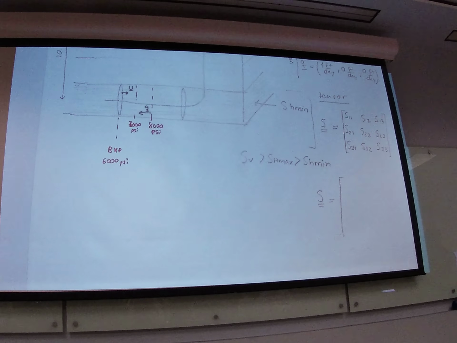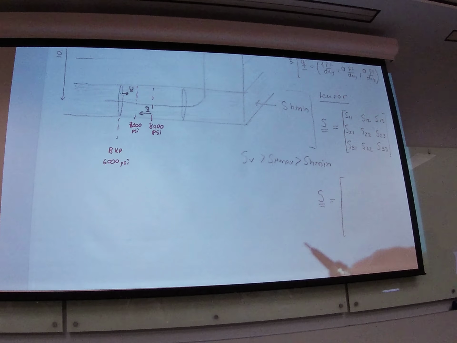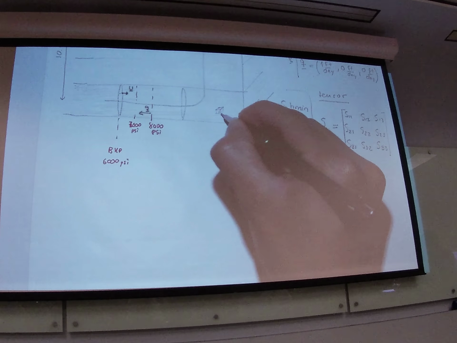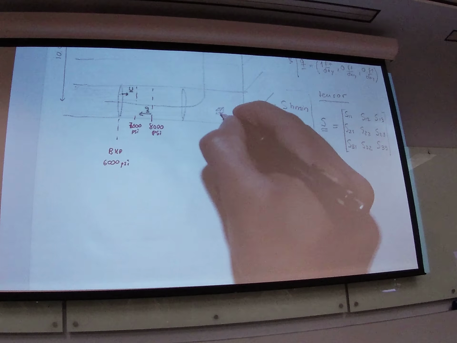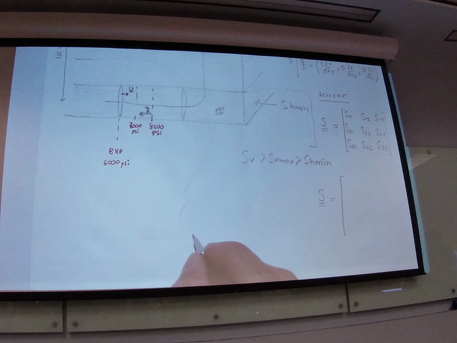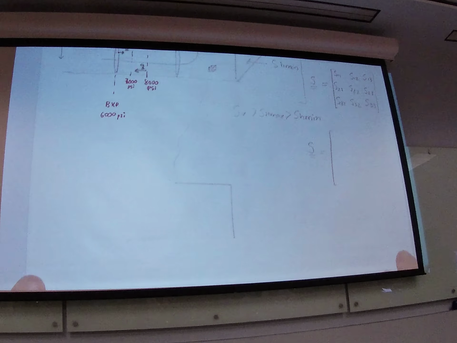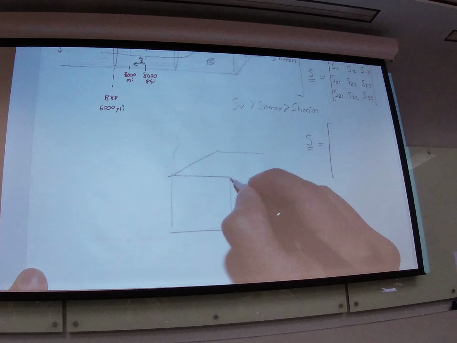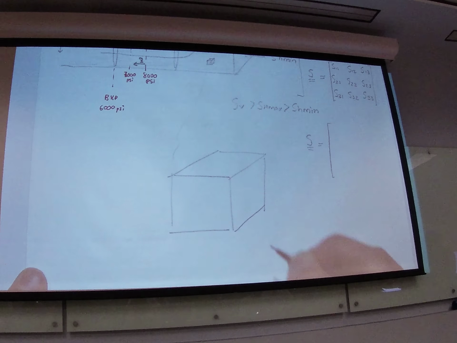So if I were to take a piece of rock somewhere over here, a little cube, which is going to be this one.